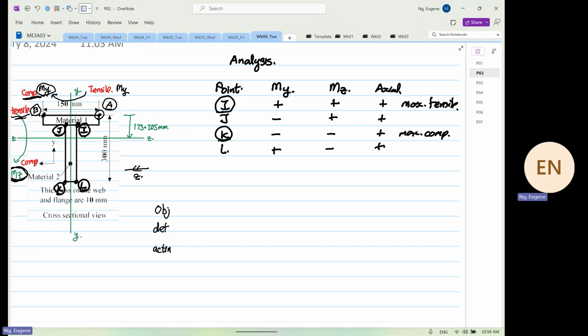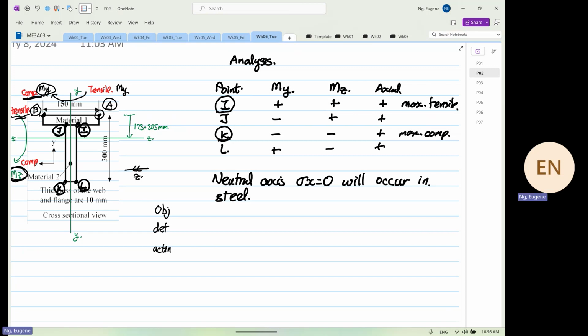So from here, we also discover that the neutral axis where stress X is equal to 0 will occur in where? In steel. Are we clear?